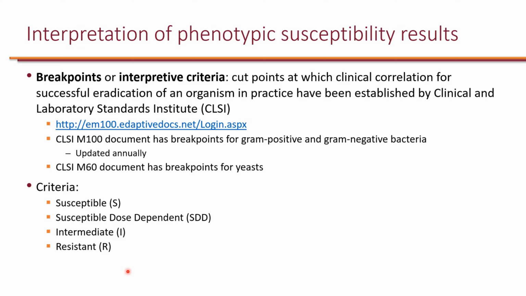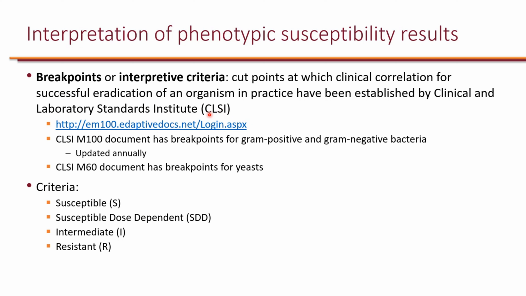So in order to interpret that MIC and see if it's feasible to use that antibiotic, there are criteria. Just knowing the MIC doesn't really tell you whether you can use it or not until you interpret it. And the way we interpret it is that we use CLSI, the organization that gives us the interpretive criteria or breakpoints for MICs. And I will show you how to navigate this document.